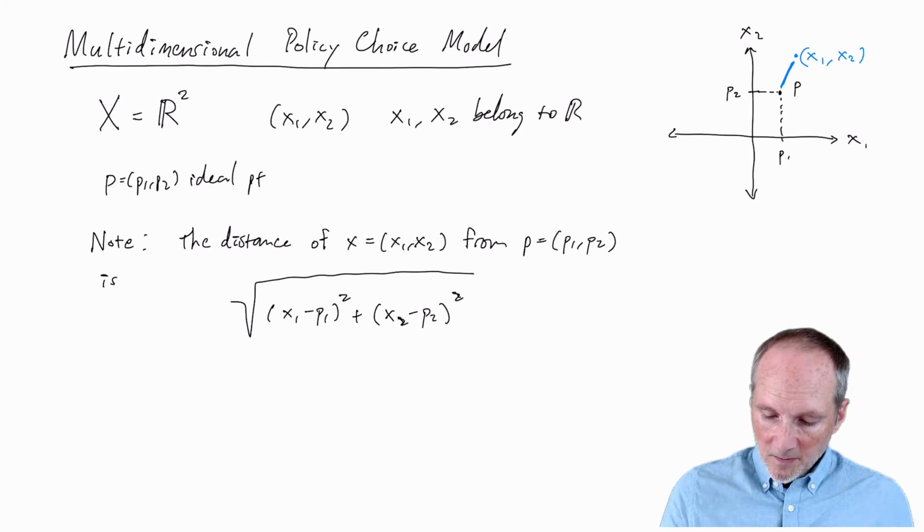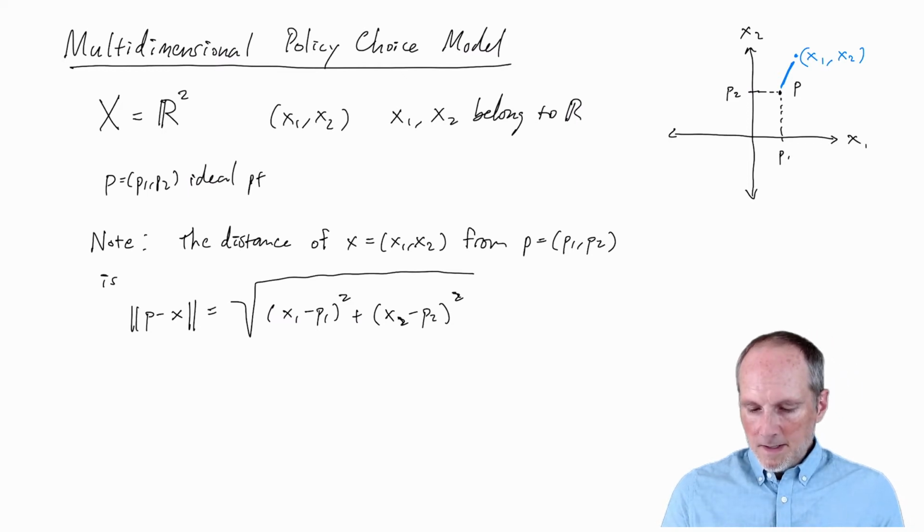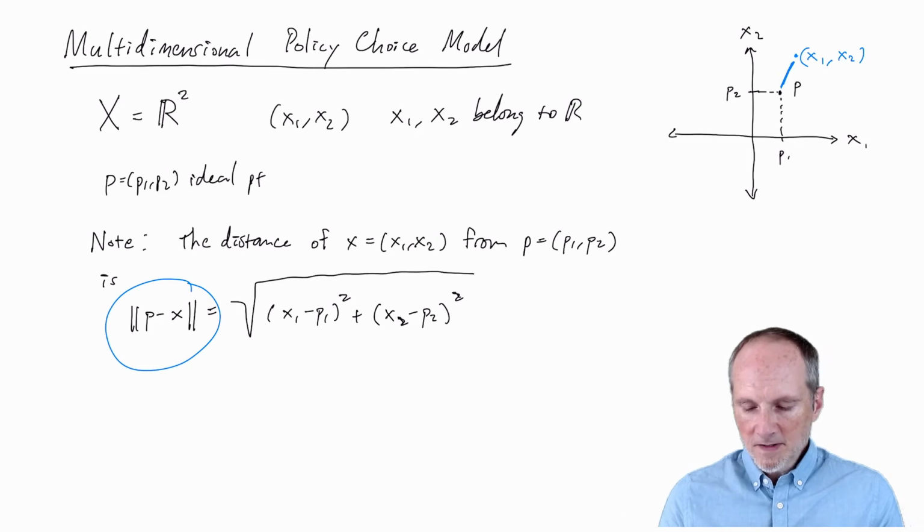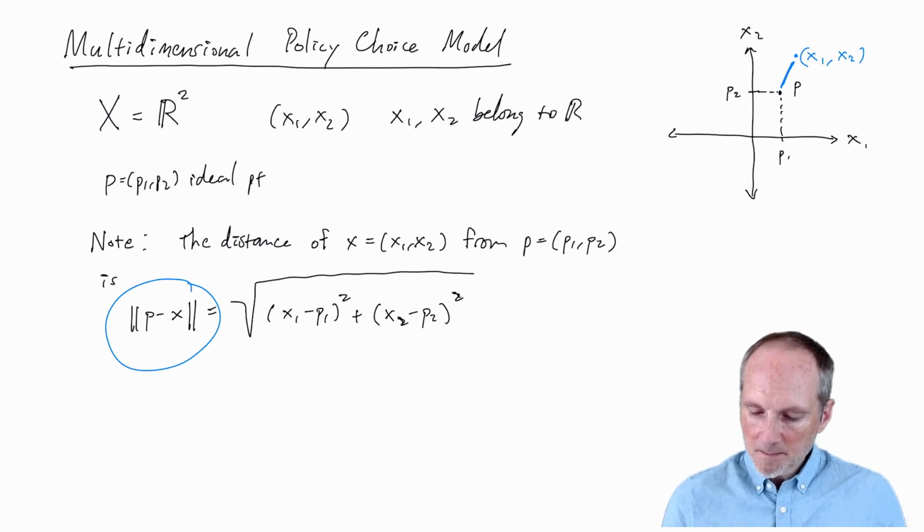The notation that we'll use for that is to put P minus x with two vertical bars. So this notation, P minus x with these vertical bars on either side, will denote the distance between P, the ideal point P, and the policy x.